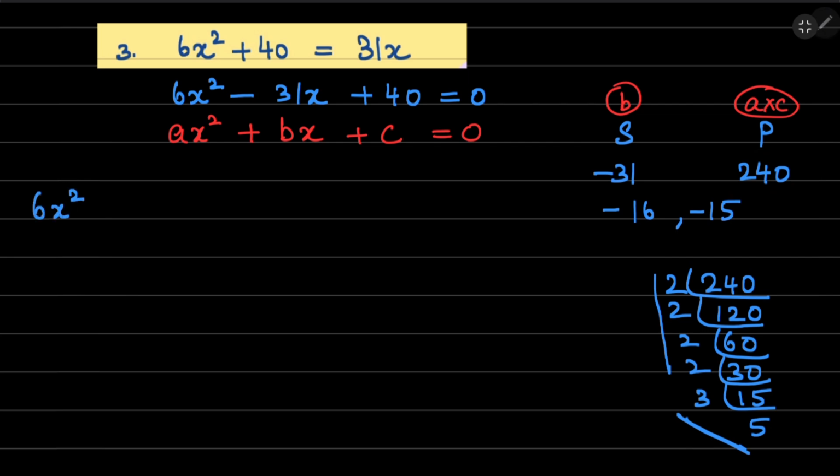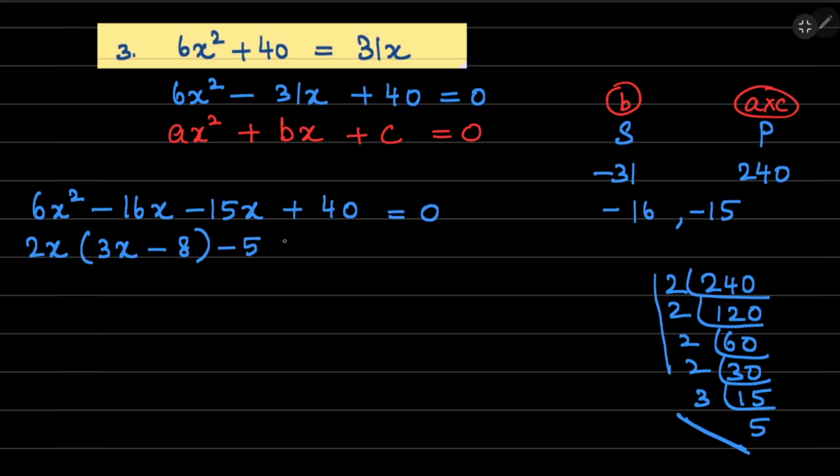You just have to substitute: 6x square minus 31x can be written as 6x square minus 16x minus 15x plus 40 equal to 0. Among the first two terms, again take 2x common. What is left inside is 3x minus 8. Again, from the next two terms, you can take minus 5 common.